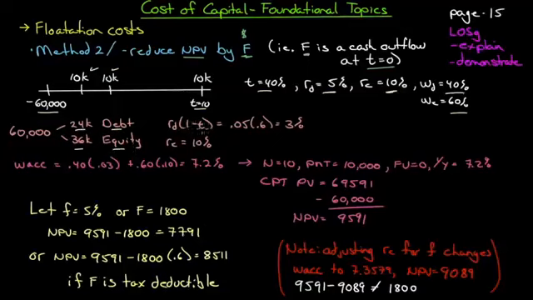Our after-tax cost of debt, if our pre-tax cost is 5% and our tax rate is 40%, is 3%, and our cost of equity is 10%. Weighted average cost of capital is 7.2%. Let's calculate the present value of this project using a weighted average cost of capital of 7.2%.